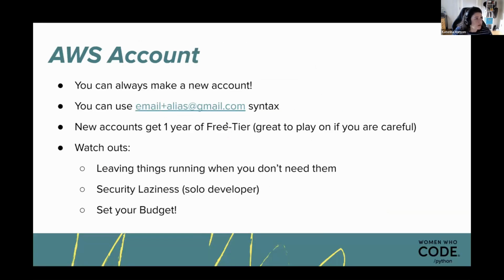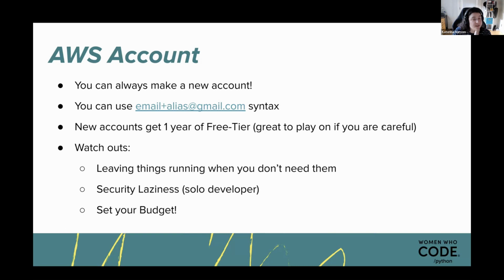So starting off with AWS, you can always make yourself a new account. I was a little uncertain about this, but it totally worked to do email plus alias in order to get a brand new special account just for this project. With new accounts, you get 1 year of free tier service, which is great to play on if you're careful.